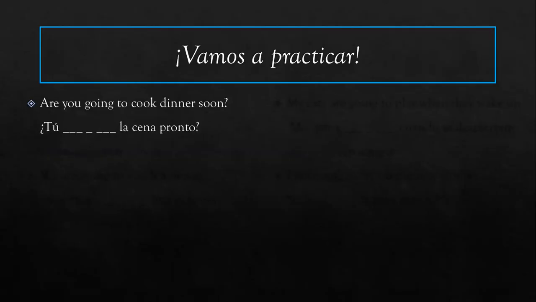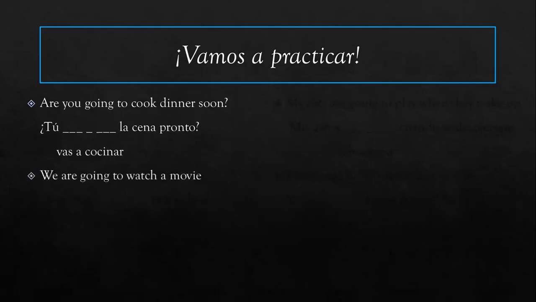We need to conjugate ir. The form of ir that goes with tú is vas. We need to have the a, and then we need the infinitive. To cook is cocinar. So if we put that all together, we have tú vas a cocinar la cena pronto. Hopefully that one made sense to you guys.